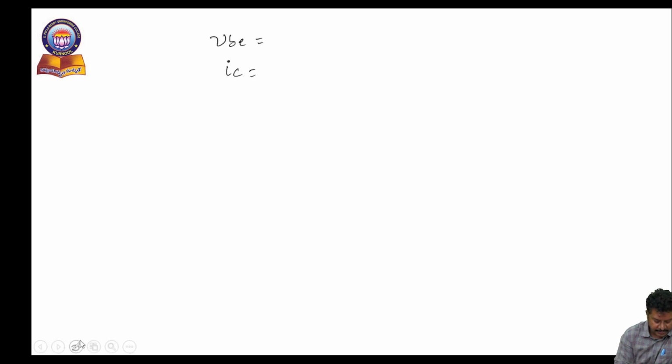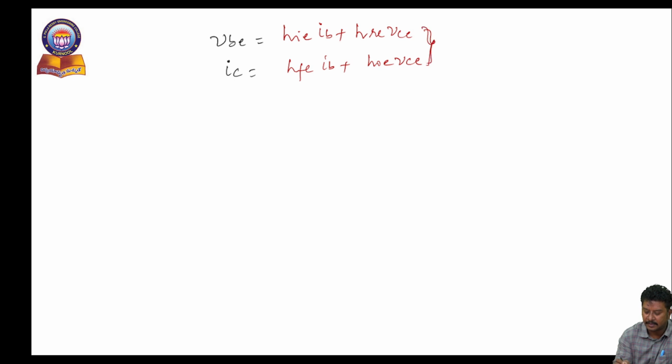The equation can be explained as VBE = HIE IB + HRE VCE. Similarly, the second equation is IC = HFE IB + HOE VCE. These are the two equations we use for the H parameter model.